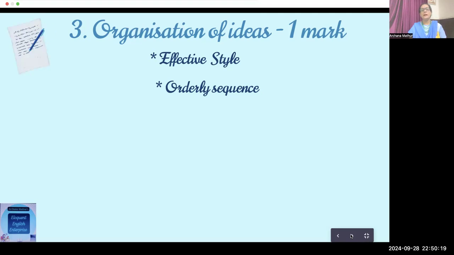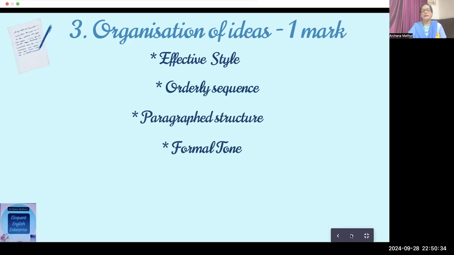So here again, there has to be an orderly sequence to the ideas that you are suggesting. It has to be paragraphed, like I said earlier, 3 distinctive paragraphs. The second paragraph has to have the orderly sequence of your ideas. The tone has to be very formal, crisp, precise, as short as possible. Keep it short and be very formal and respectful. Vocabulary.